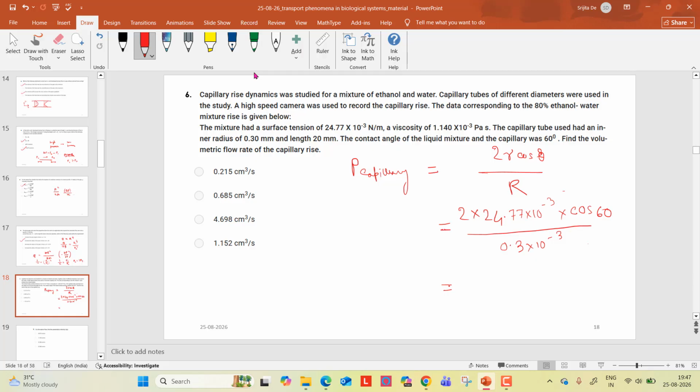10 to the power minus 3 into cos 60, okay, divided by 0.3 into 10 to the power minus 3.